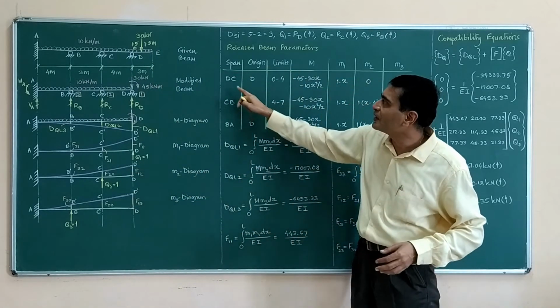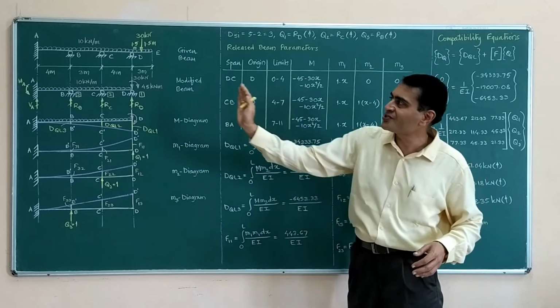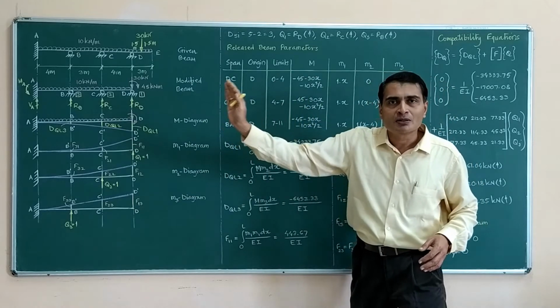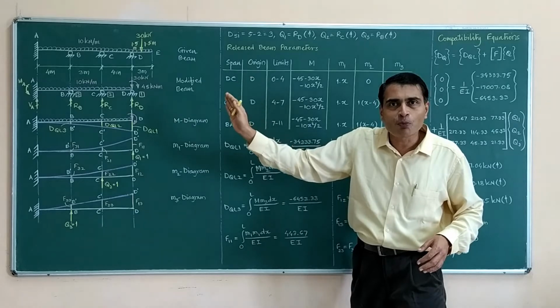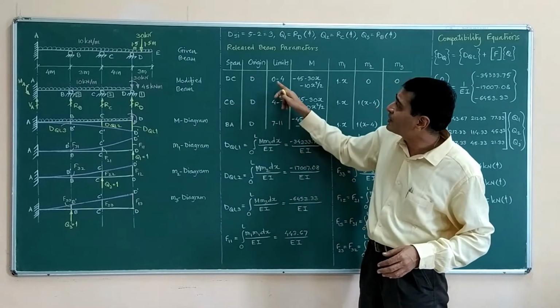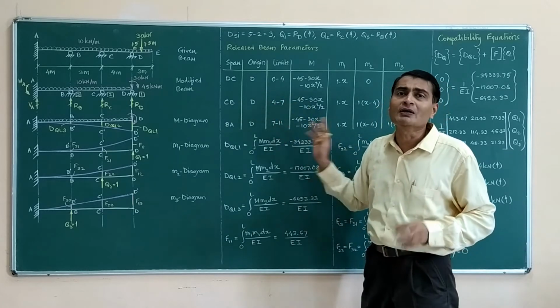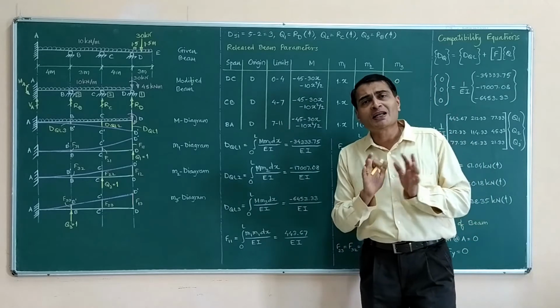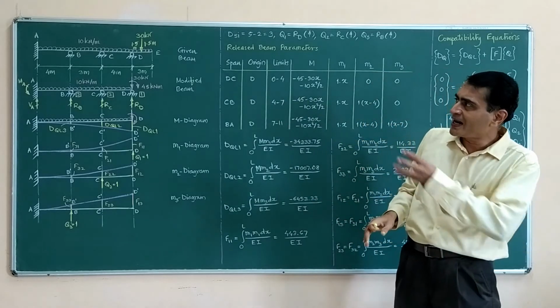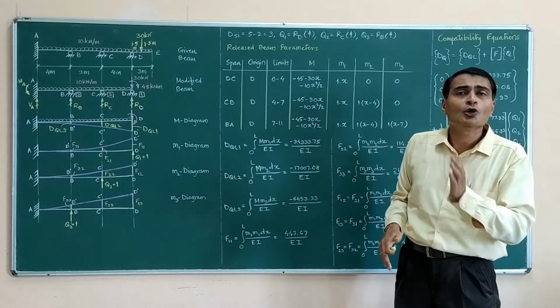So you are observing DC followed by CB followed by BA. I am going inside from right side, right extreme point, that is D point, and then my origin is D only, and then my limits are 0 to 4, 4 to 7, 7 to 11. No big deal at all, very simple. Just pay attention to the drawings and to what I am saying and what we are writing, you will get it easily.